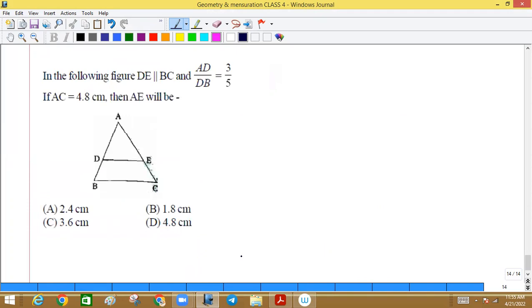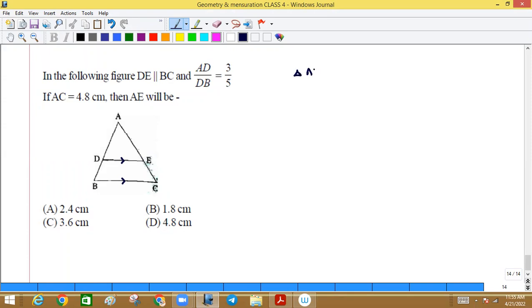In the following figure, DE is parallel to BC. The moment DE is parallel to BC, what do we know? That the triangle ADE is similar to triangle ABC.